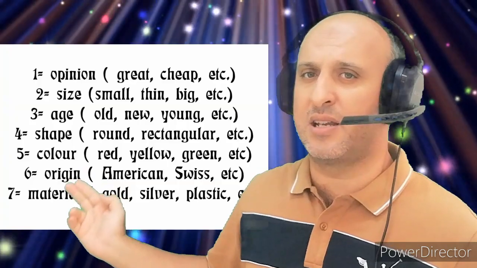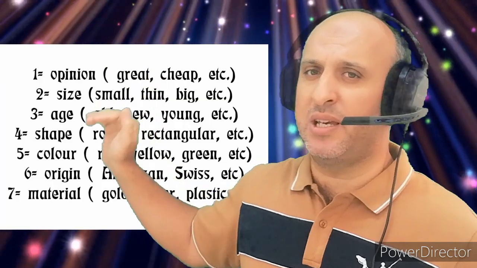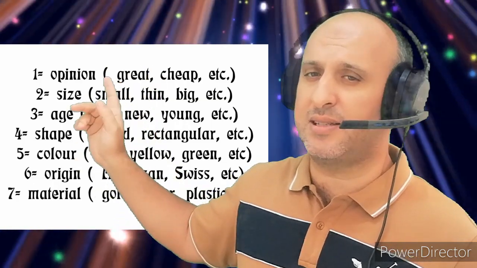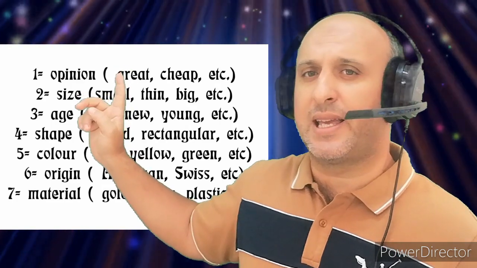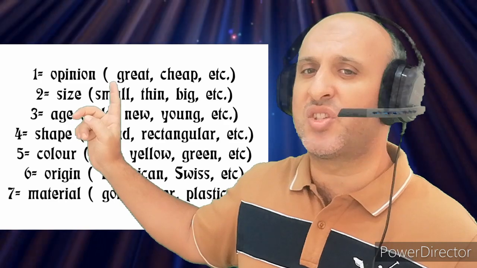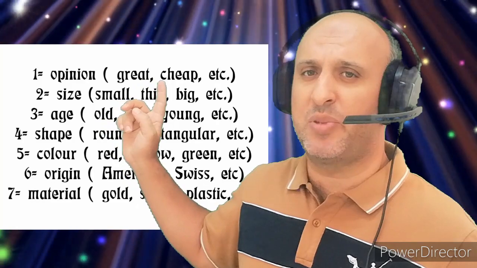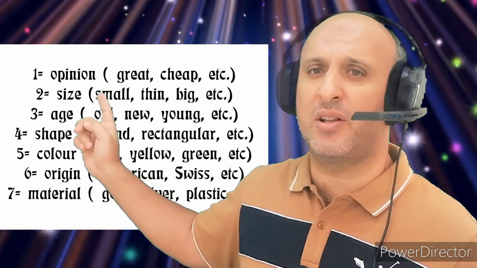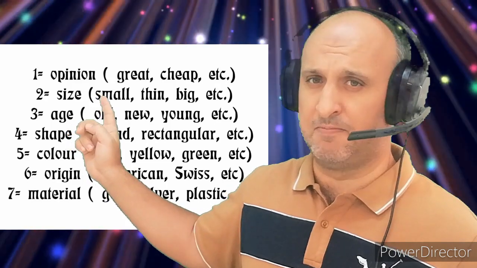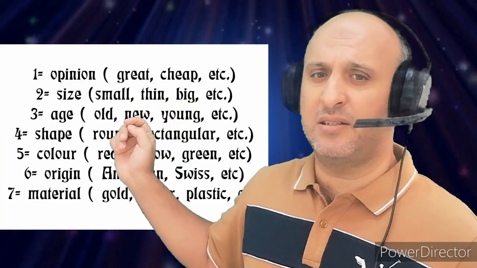Good. So I'm going to provide you here a list of adjectives that should be organized according to this order. In number 1, the first position, we can add adjectives of opinion, such as great, cheap, etc. Or we can add adjectives about the size, such as small, thin, big, etc. Then the age.